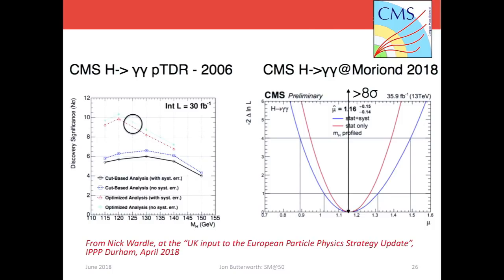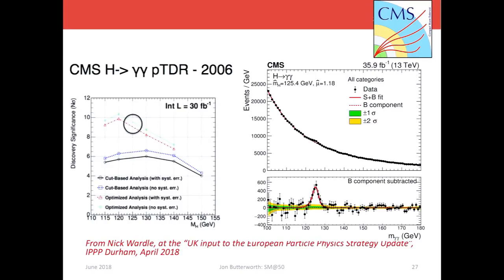This is the actual result for 36 inverse femtobarns with their likelihood curve for that, which is essentially giving you pretty much the same significance to within 1 sigma of exactly what they said. And this is the more compelling plot that goes with that, which is the diphoton bump at that significance. So, okay, this is the physics technical design report.